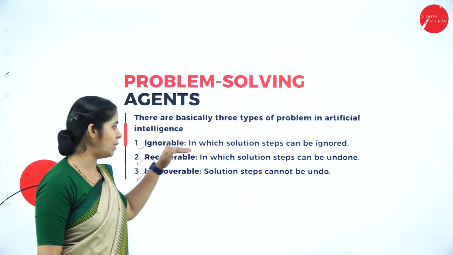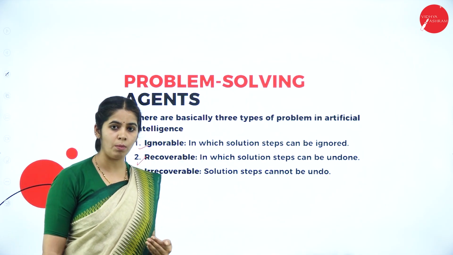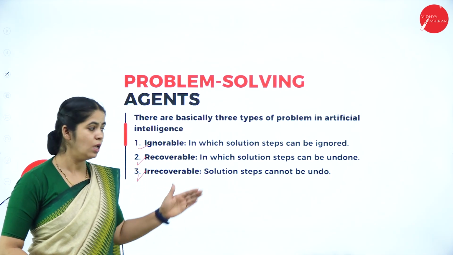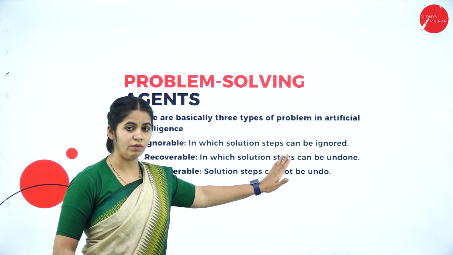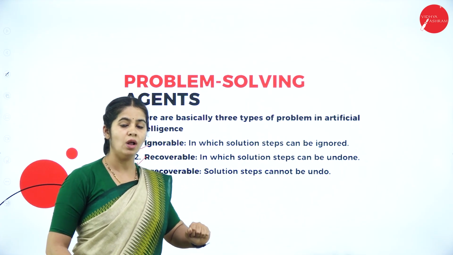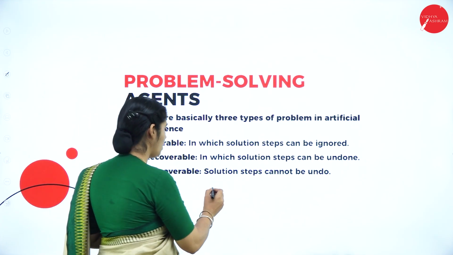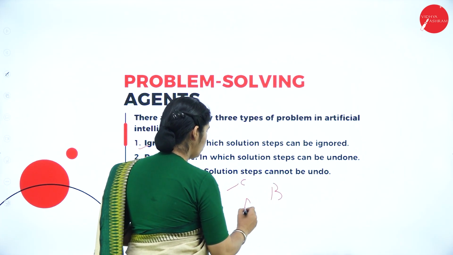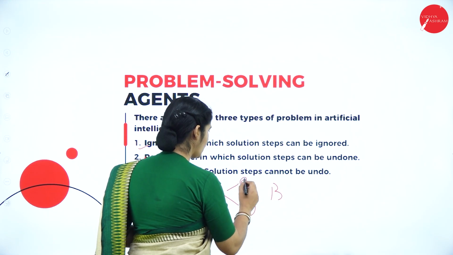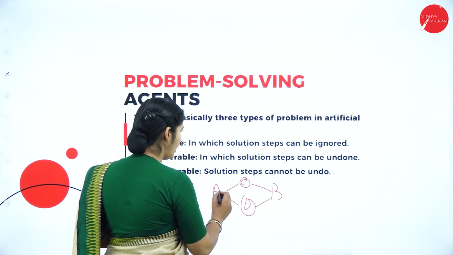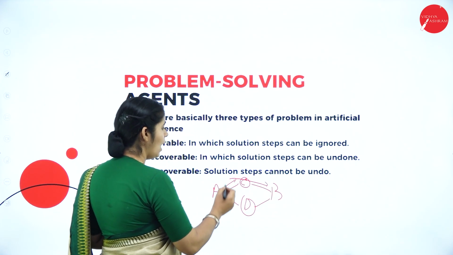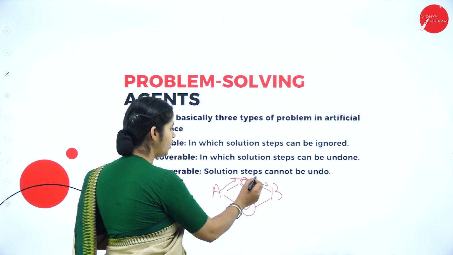Then the reversible problem. For a reversible problem, when we design some steps to achieve the goal or the solution, they can be reversed. We can undo the procedure. For example, if I am moving from node A to node B by using node C or node D, once I move to node C and then move to node B, I find that this is not the optimal solution.